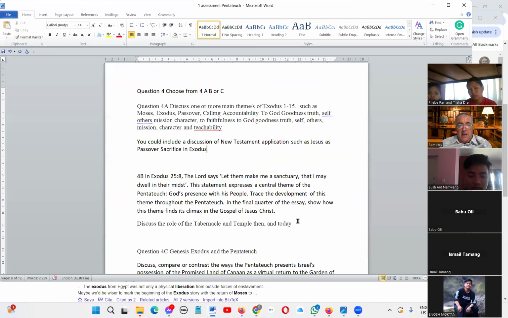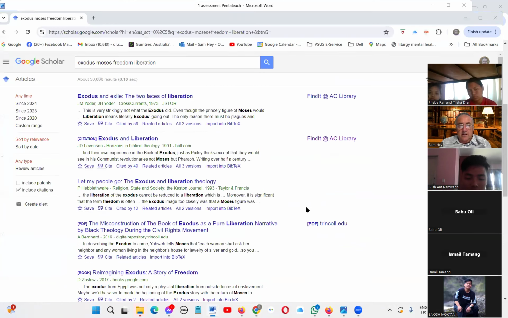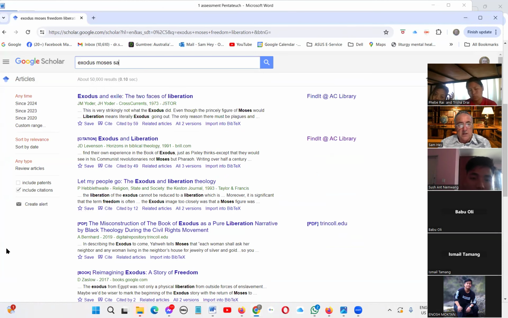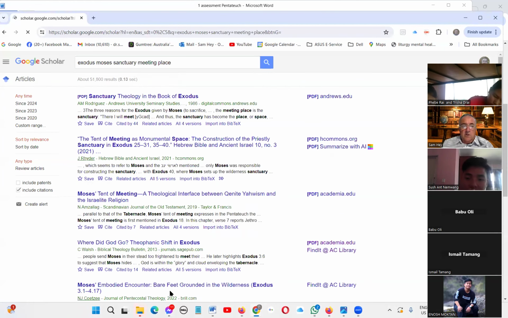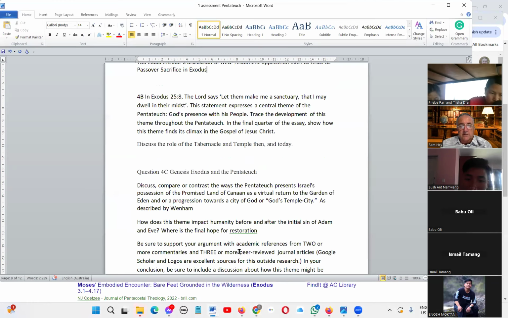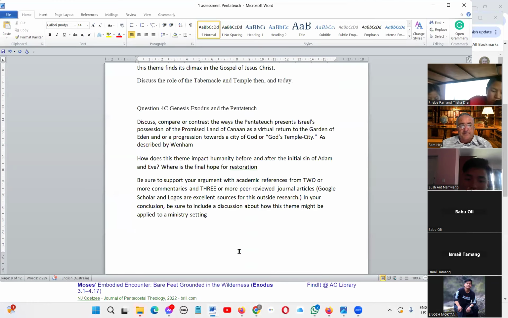Another one is build a sanctuary. You could choose as your theme for Exodus the sanctuary, meeting place, and Google Scholar will give you some resources on the tabernacle meeting place. So they're the sort of questions that you choose for question 4.